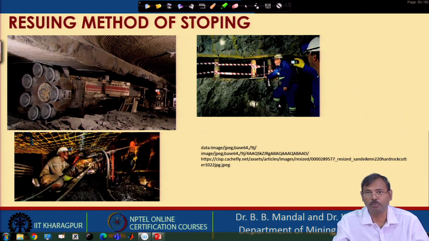So, the mineral is precious. That is why people are interested in carrying out mining there, and that is why the mining is carried out there at a slow pace, with great difficulties, but also profitably. In that condition we go for mining of the narrow vein deposit.